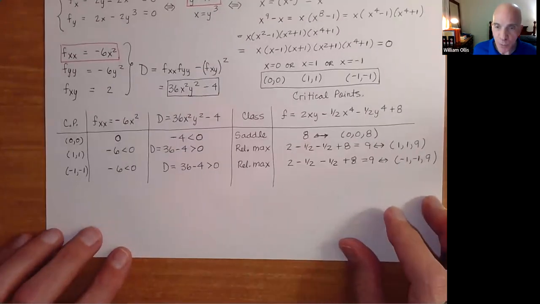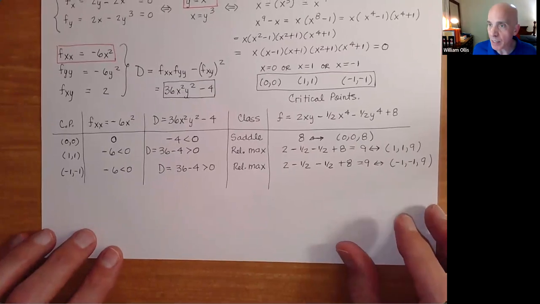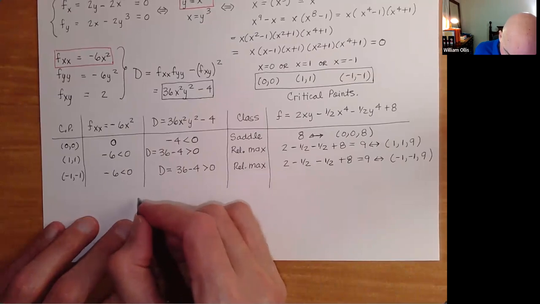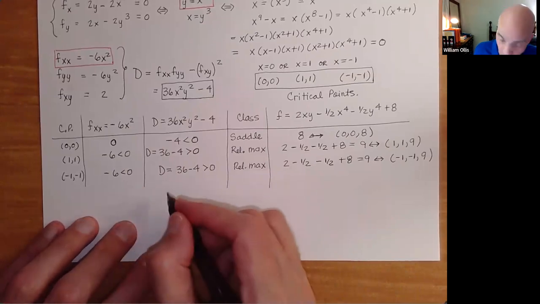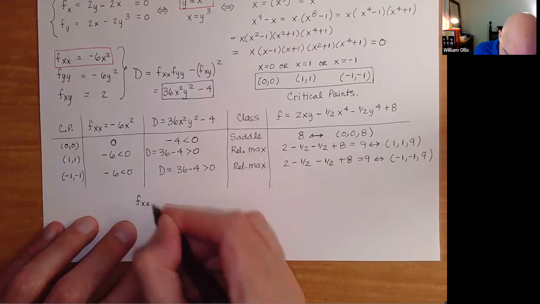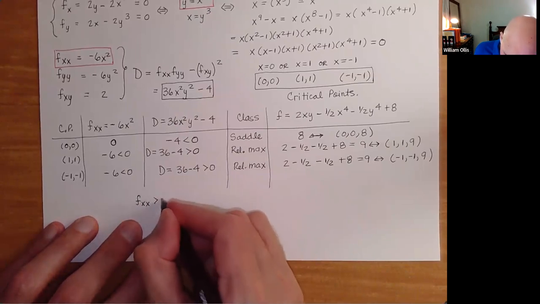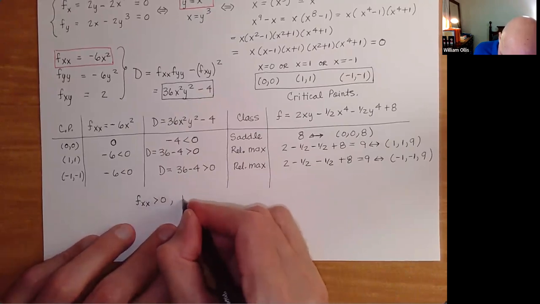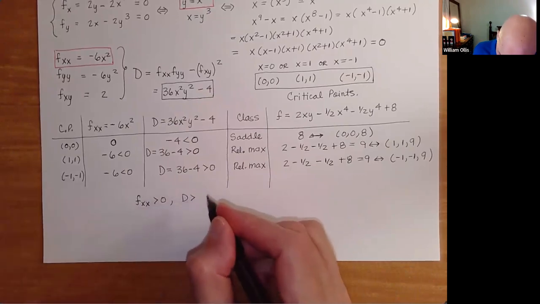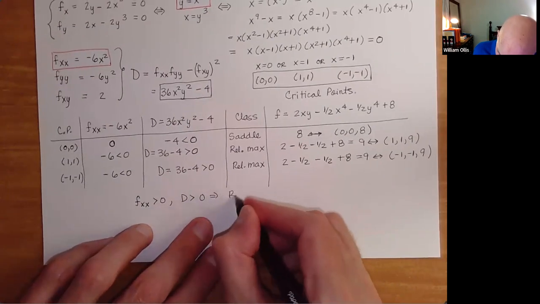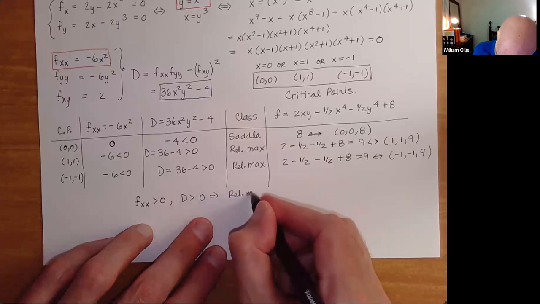Now notice in this particular case, we did not get any relative minima, but just as a summary here, remember when we use the second partials test, if the second partial with respect to x is positive and D is positive, this implies the relative min, which we didn't get.